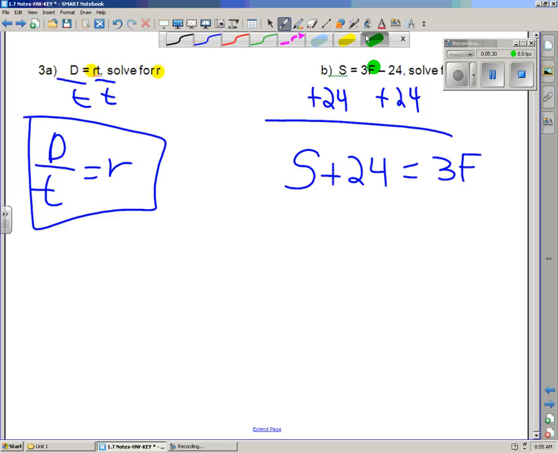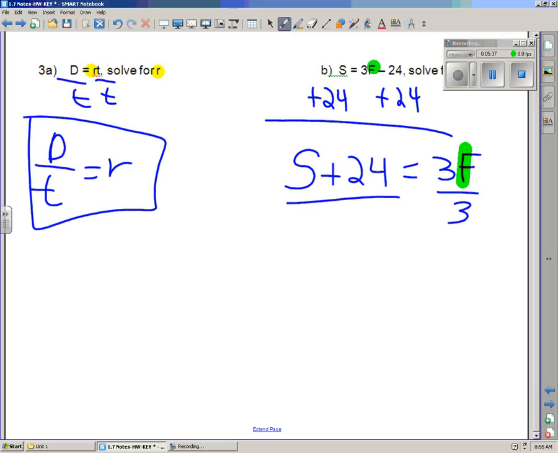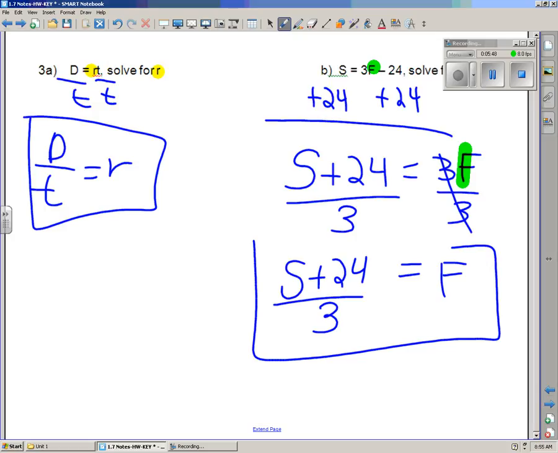Again, you want f to be all alone. f is being multiplied by 3. How do you undo multiply by 3? You divide both sides by 3, and then you get the answer of s plus 24 divided by 3 equals f. This is fine to leave your answer like this.